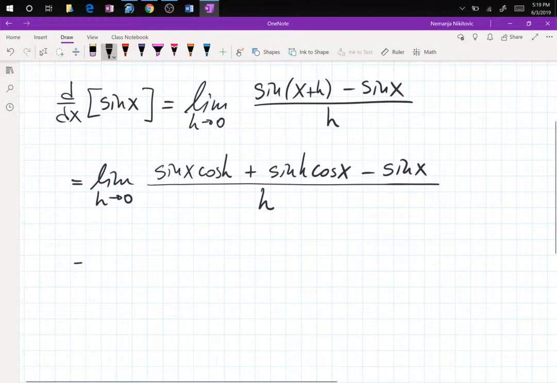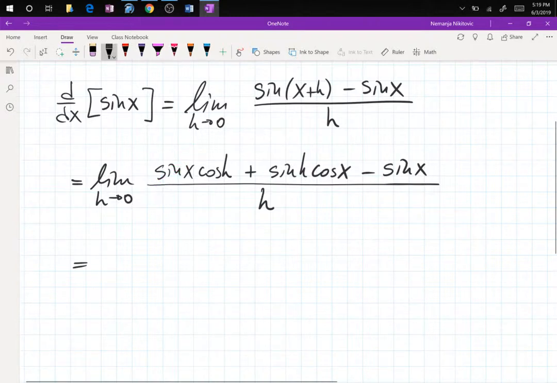So now we factor sine x, and we split this into 2 limits.